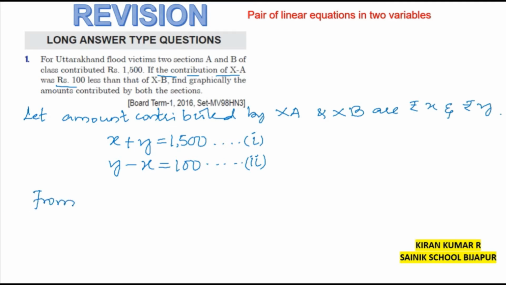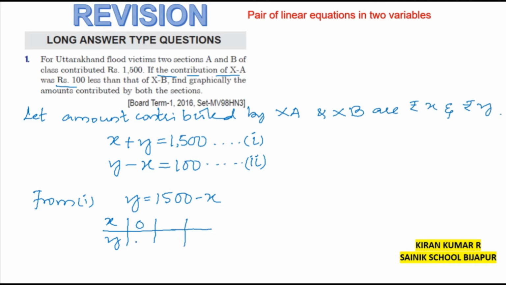From equation 1, I have y equal to 1500 minus x. Now I find the values of x and y to plot the graph. Let me take the value of x as 0.